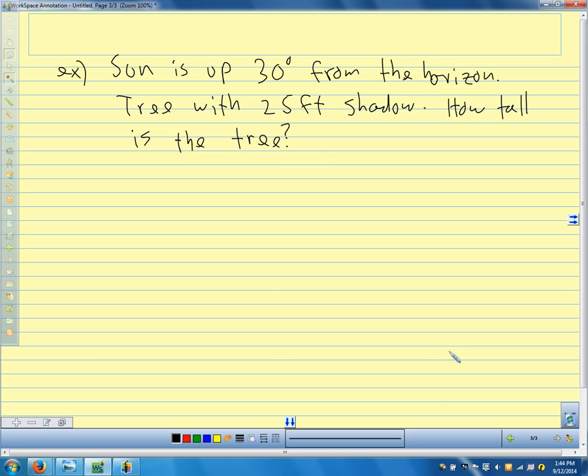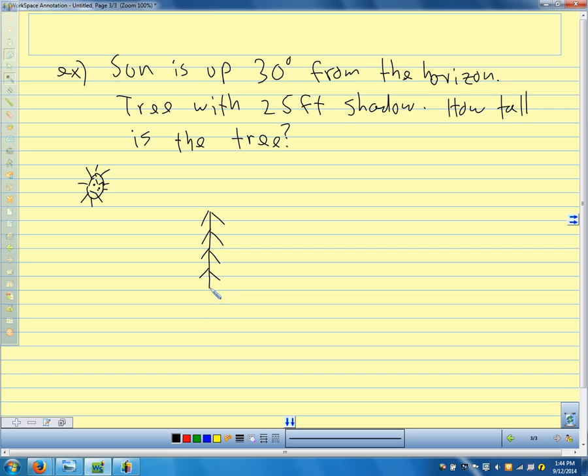What I always suggest to do on these is draw a picture. A picture can help you, and they're also fun to draw. So there's my sun. And here's my tree. I guess if it was really hot, we could draw the sun like this, and then you'd be worried about getting sunburn. I would anyway.